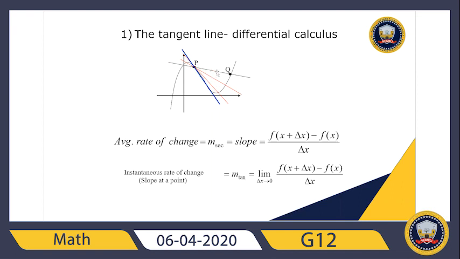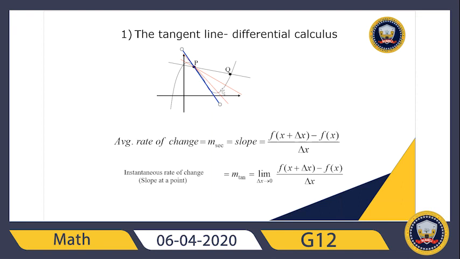Another one will come and he would tell me, okay, instead of having Q in this position, I would have Q in this position, which is closer to P, and he will get a more accurate slope or rate of change of this function. So that's why we define the rate of change of a function, which is equal to the slope, as f of x plus small changes.